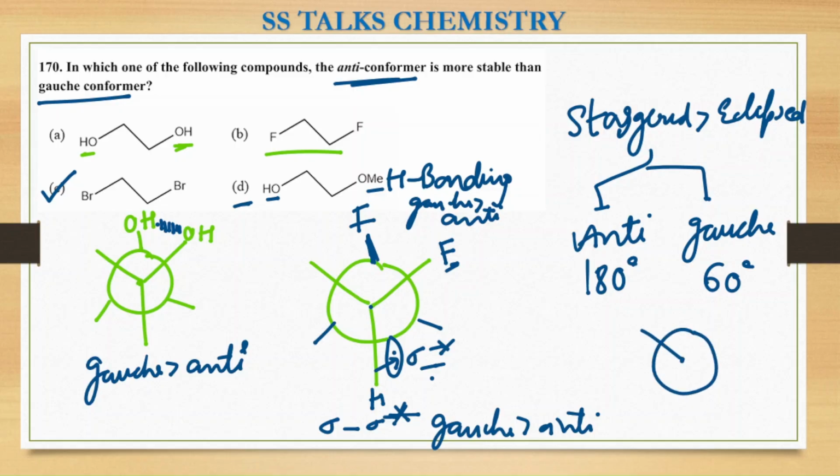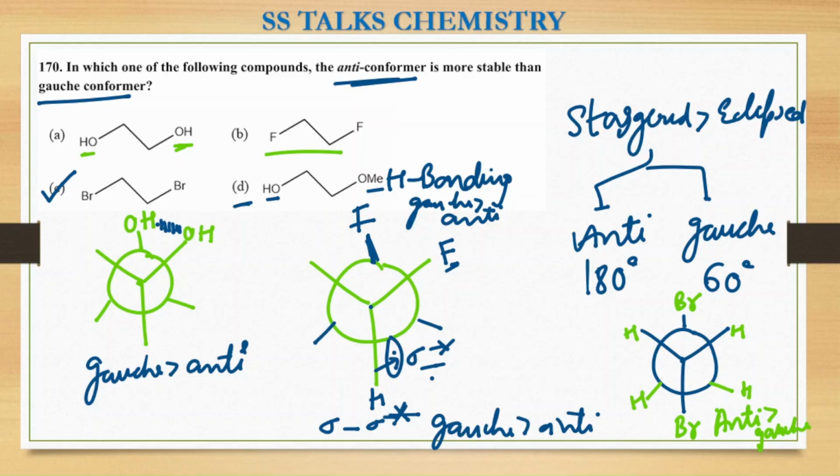Here the sigma to sigma star interaction is not playing any role. So here you keep the Br groups in the anti position to one another, and the rest of the substituents are your hydrogen atoms. So due to the hindrance, the anti conformation is more stable as compared to the gauche one.